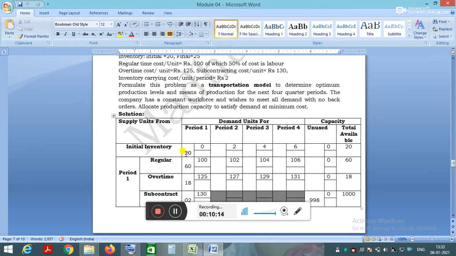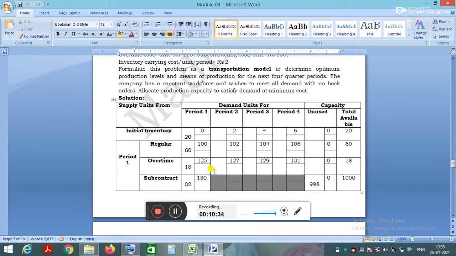As initial inventory, the 20 products are already available in the warehouse. We utilize them. Okay. The remaining 80 products are to be manufactured in period 1 to meet the demand of 100.